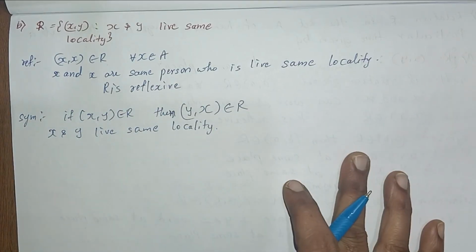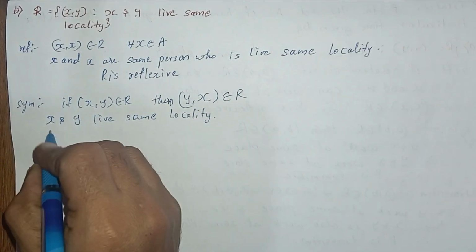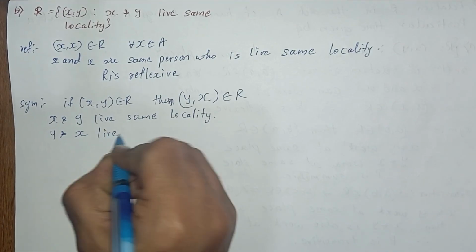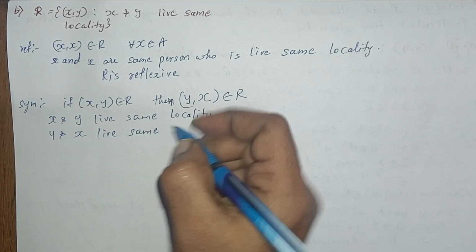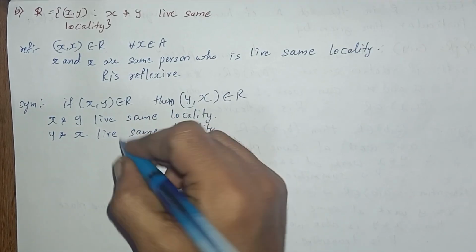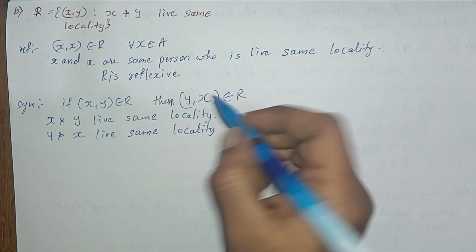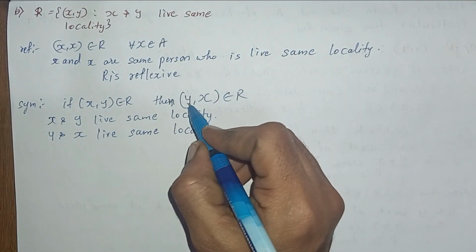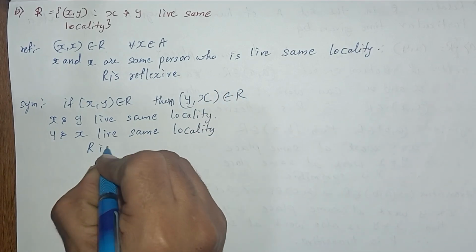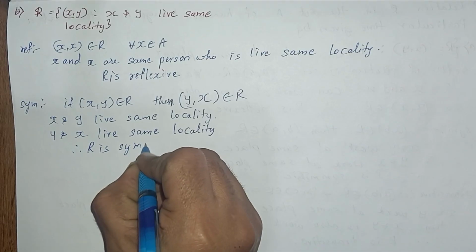If we change the order, first y and then x, it is one and the same. Both will be living in the same locality. So it doesn't make any difference. So (x, y) belongs to R, and (y, x) also belongs to R. Therefore, R is symmetric.